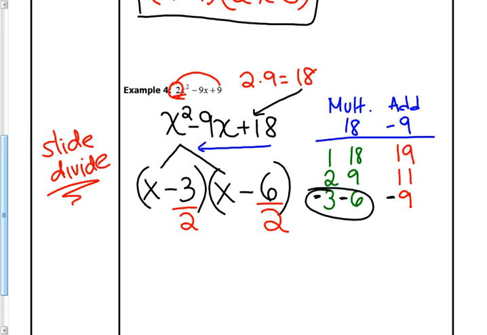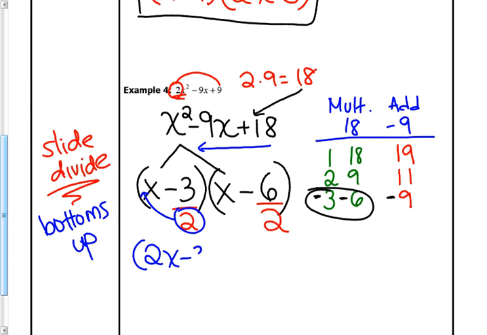Okay, so now I have negative 3 divided by 2. So again, if I try to do the division and I get a decimal, that's where the bottoms up comes from. So I'm going to take this 2 from the bottom and bring it up in front of the x. So this factor actually becomes 2x minus 3.